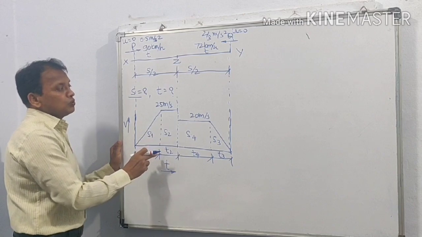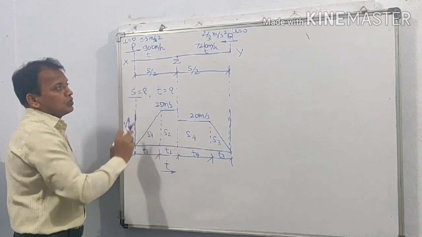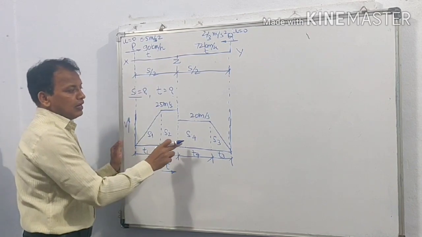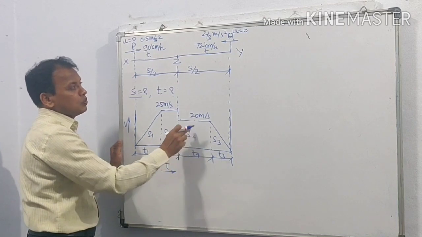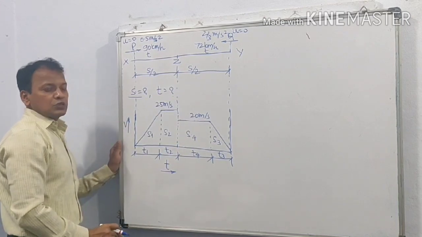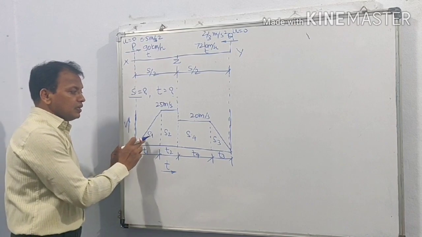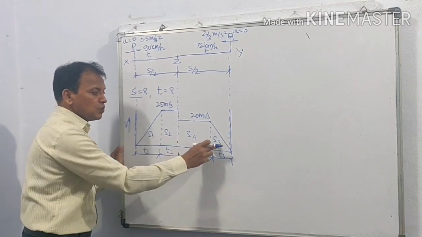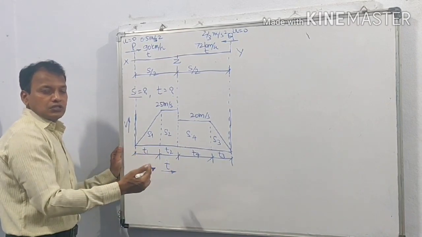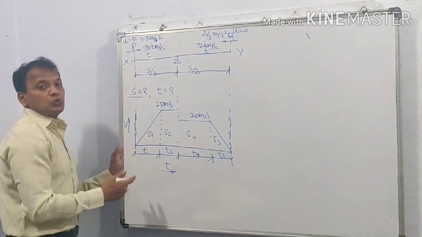S1 plus S2 is equal to S by 2 and S3 plus S4 is equal to S by 2. Or we can write S1 plus S2 plus S4 plus S3 is equal to S. That is distance between two stations.